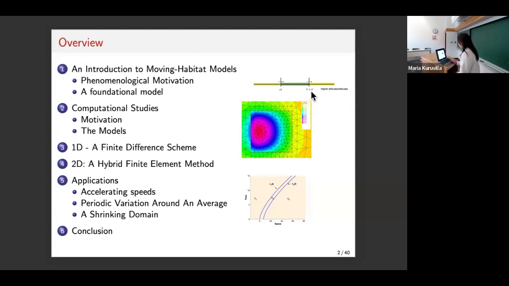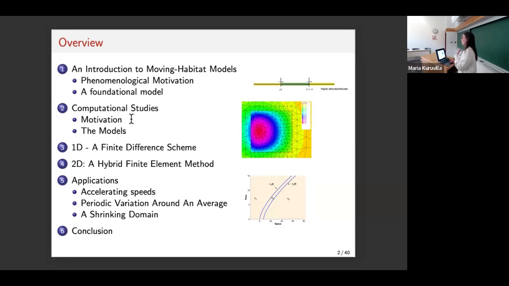I worked on a model that also used these temperature isocline replacements and movement equations, but I was interested eventually in doing something more general, which led me to computational studies of the model.